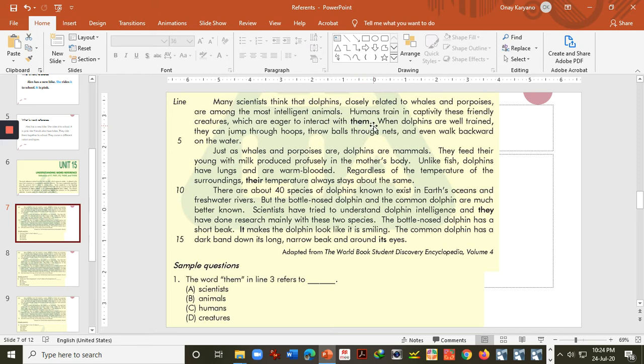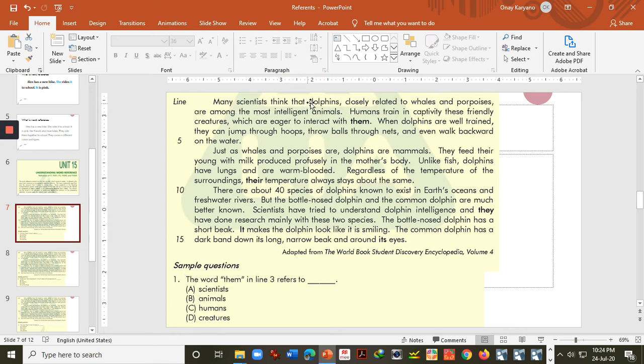But the strategy that we can apply salah satunya adalah dengan menggantikan referen itu dengan kata aslinya. Oke, kalau kita lihat ini, humans train in captivity these friendly creatures which are eager to interact with creatures. Ya, mungkin. Oke, no. And then with humans, yeah, maybe these creatures eager to interact with humans. Lalu dari mana kata scientist? Scientist ini ada jauh di sini.